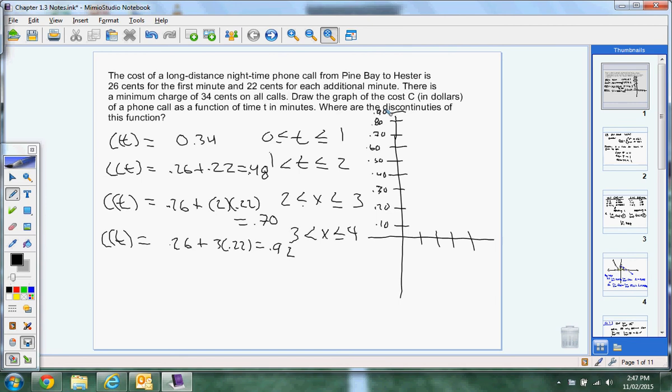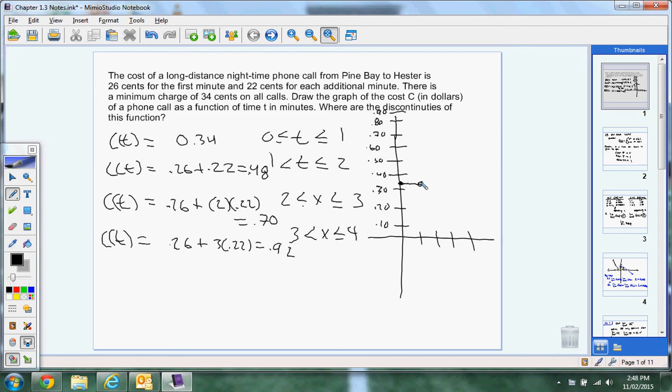Okay, so my first charge, so between 0 and 1, what should my line look like? Straight line at 34. So 34, it's going to go here to the 1 here and have an open dot here. Because as soon as you hit the next minute, what happens?